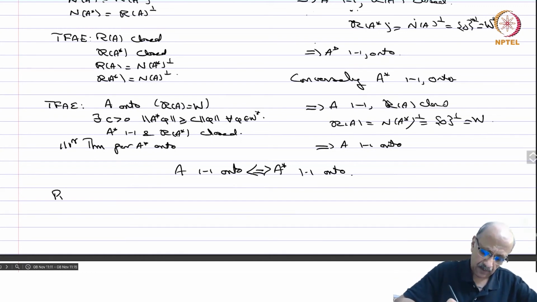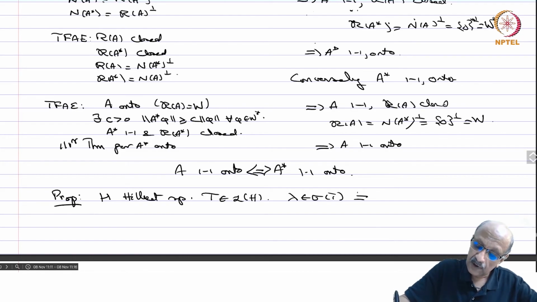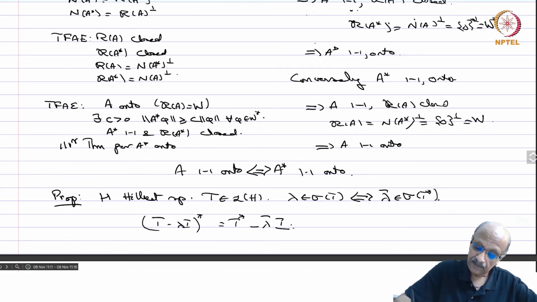Okay, so proposition: H Hilbert space. So we are now in a Hilbert space. T is in L of H. Then lambda belongs to sigma T if and only if lambda bar belongs to sigma of T star. Okay. So the adjoint of T minus lambda I is nothing but T star minus lambda bar I. That's it.